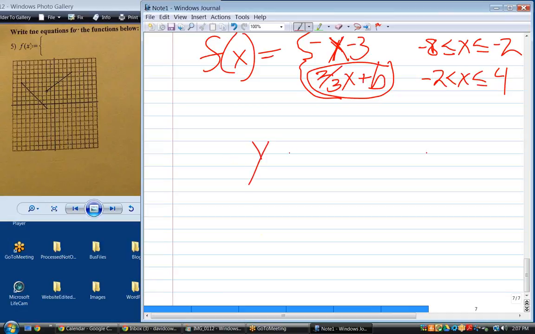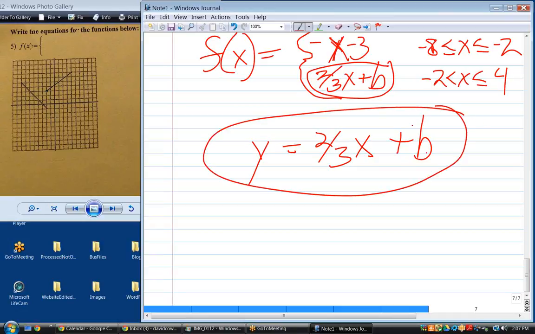And I know that y equals 2/3 x plus b has to be true at any point on the line. Well, I know it's true when x is equal to -2, y is positive 3. So that will let me solve for b. In other words, I could read b, except I can't really read it very accurately from the graph. So let's come up with an exact value for b. Well, I know that when x is -2, y is +3. So I can immediately plug in for that x and y value.